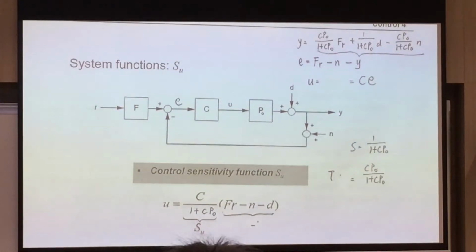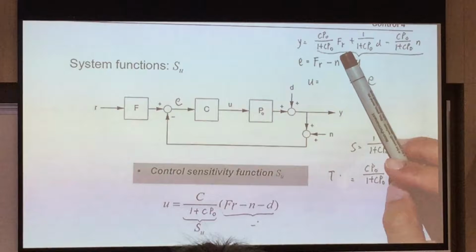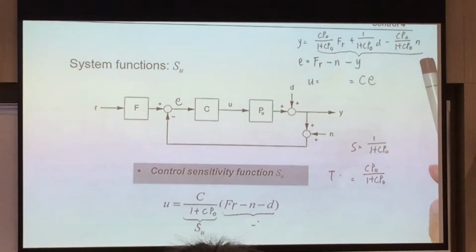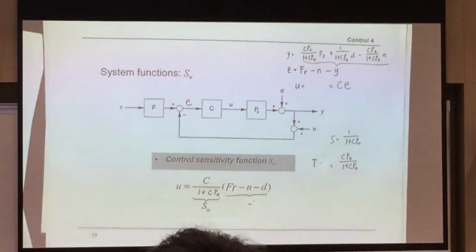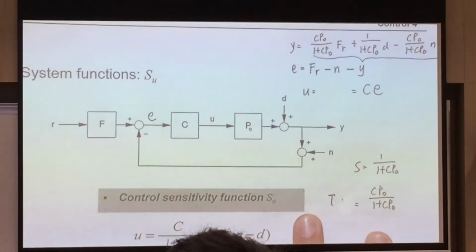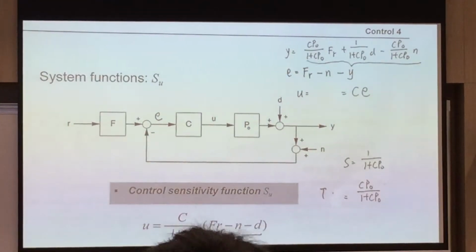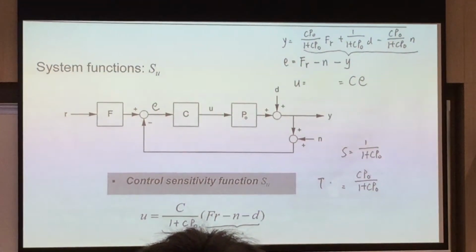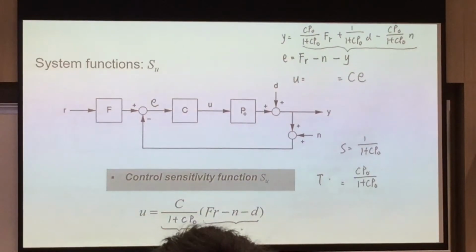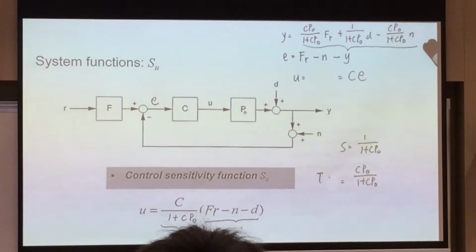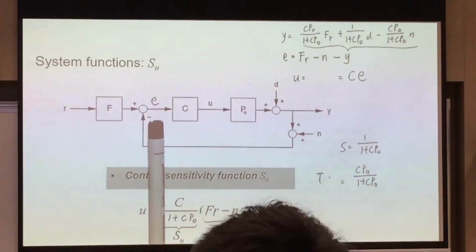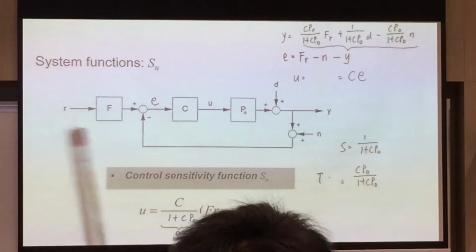So if you write out the relationship between the output, command response, disturbance, and measurement noise, Y is Cp naught over 1 plus Cp naught times FR, plus 1 over 1 plus Cp naught times D, the disturbance, minus Cp naught over 1 plus Cp naught times N for measurement noise. Next, you derive your error E, which is FR minus N minus Y.